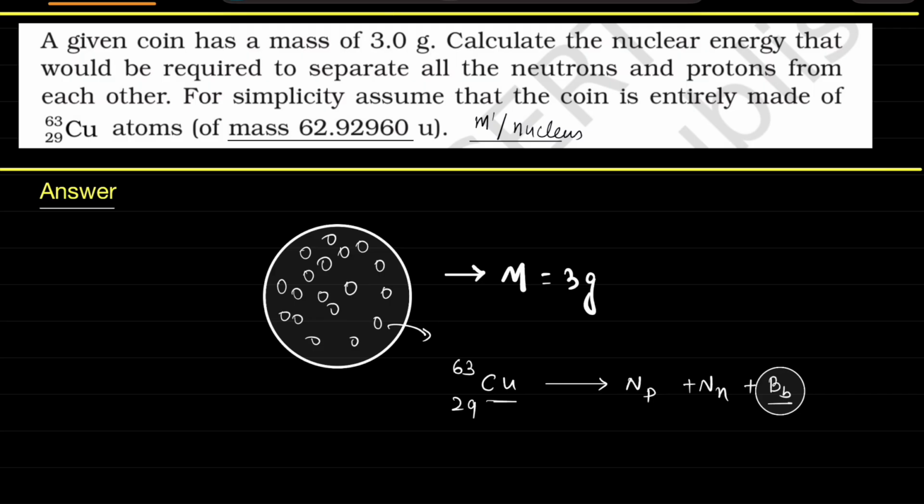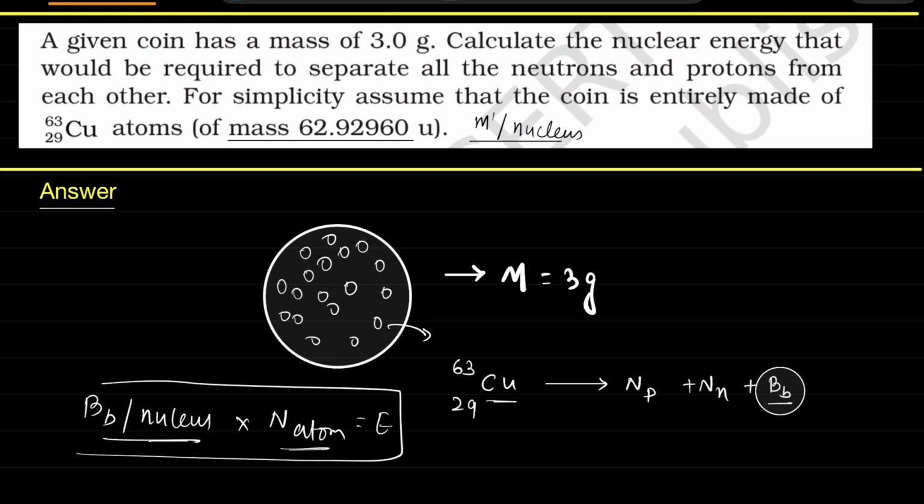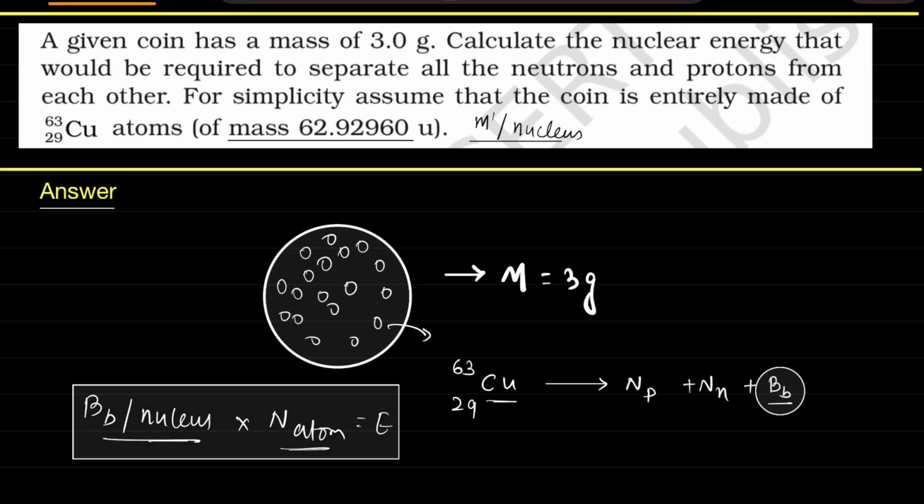If we find the binding energy per nucleus and multiply it with the total number of atoms, from there we can find how much energy is required to break it, or the nuclear energy required to separate the neutrons and protons. So first we need to find the number of atoms, and we also have to find the binding energy per nucleus, and then we multiply both to get the total nuclear energy.